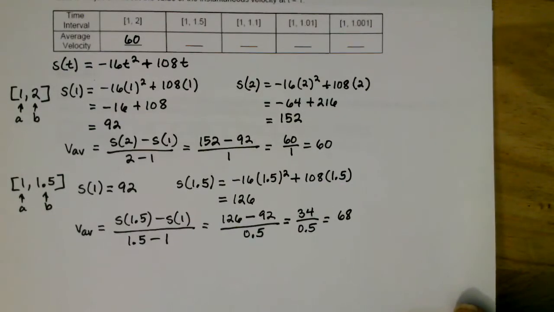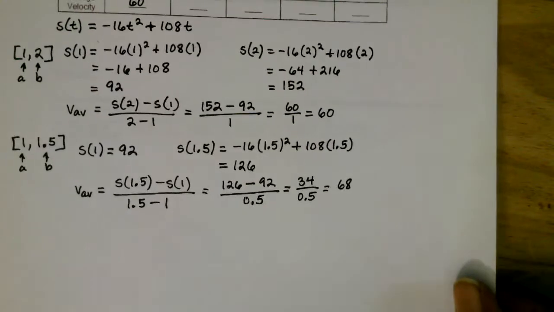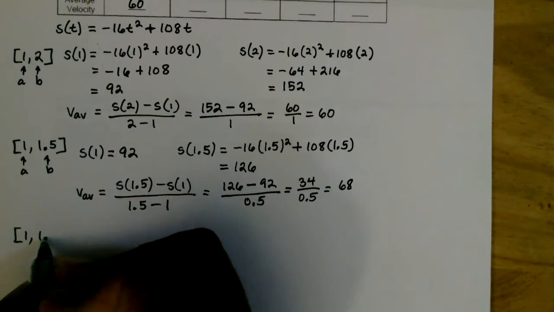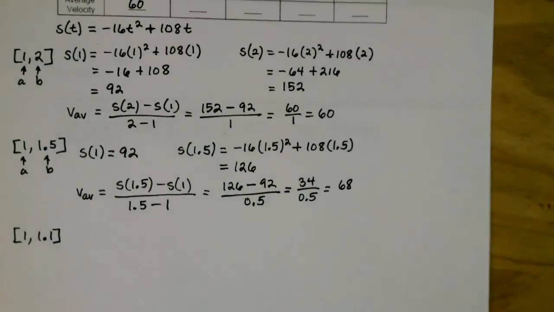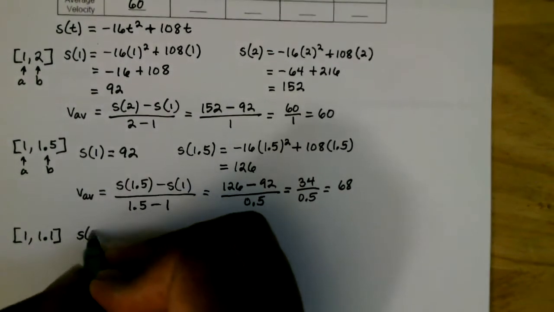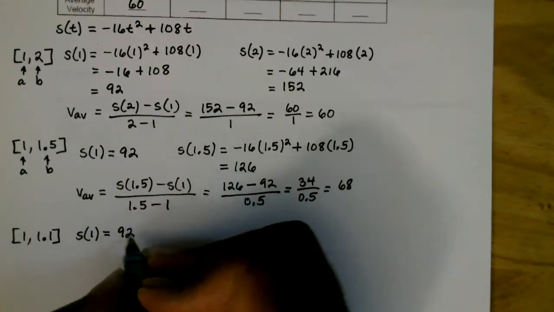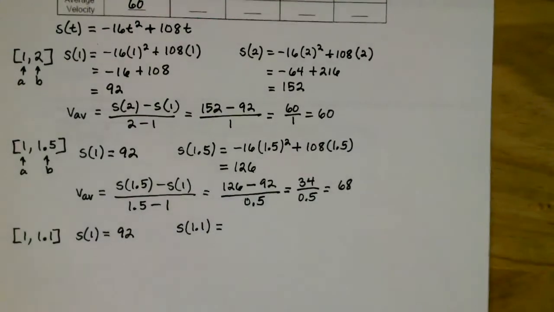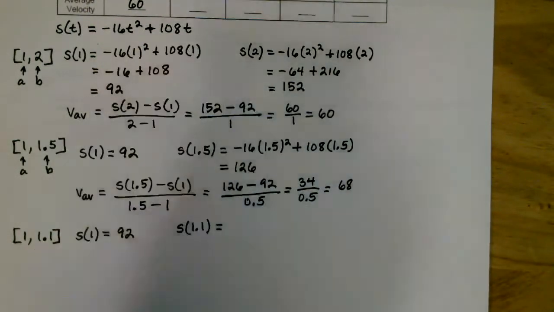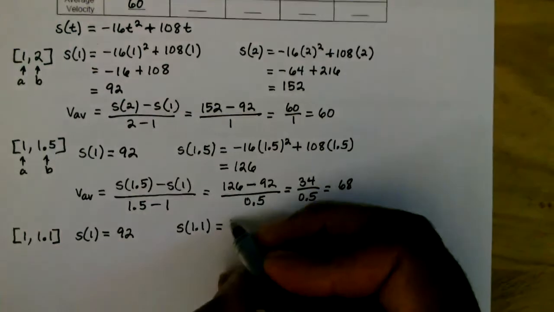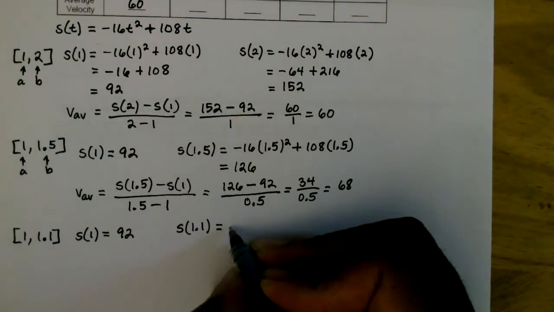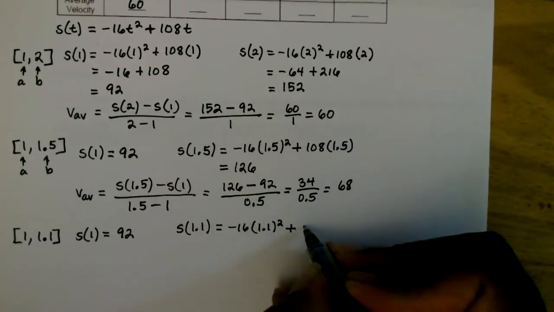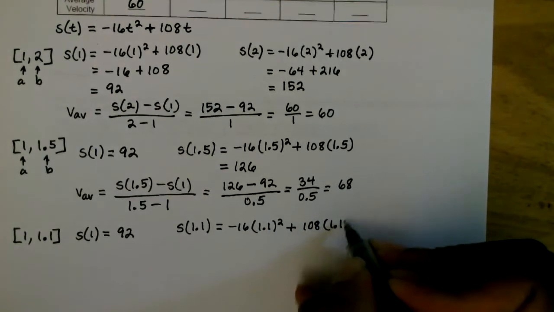Now let's try from 1 to 1.1. Well, S of 1 is 92. But for S of 1.1, we just substitute the t in that position function with 1.1. So this will be negative 16 times 1.1, and that's squared, plus 108 times 1.1.